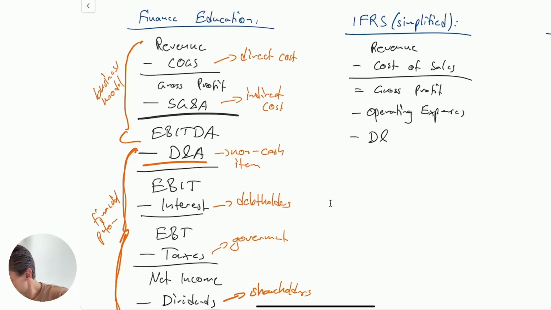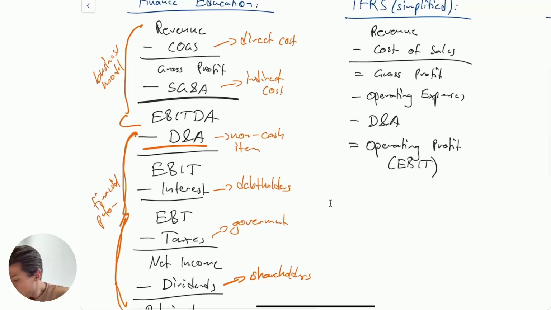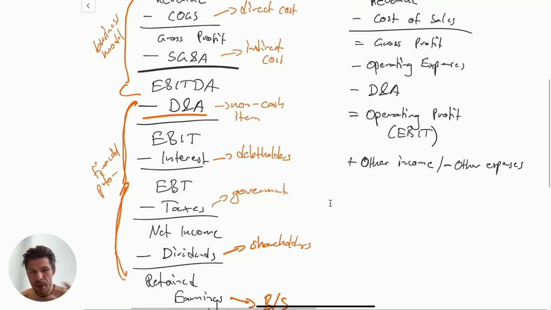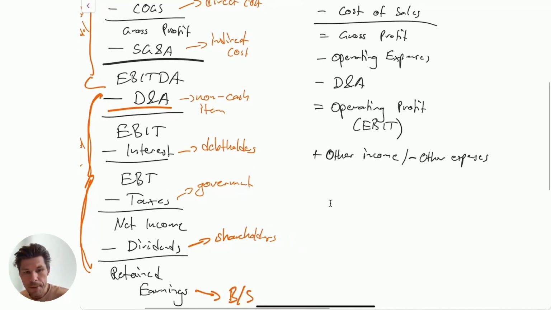Then depreciation and amortization. Then operating profit. This is basically my EBIT, operating profit. Then we have plus other income, or minus other expenses, which I'm not looking at because it doesn't help me to explain certain concepts.